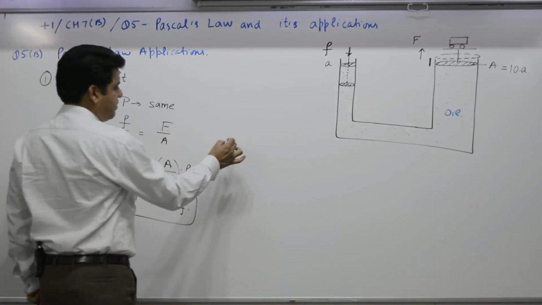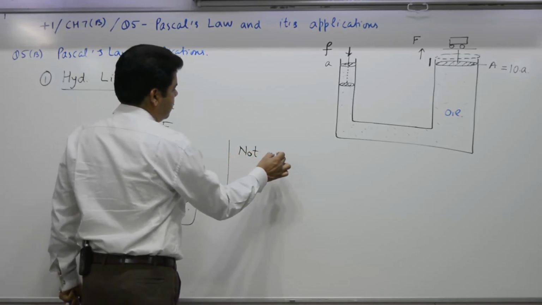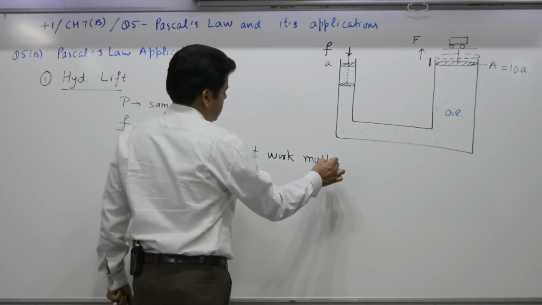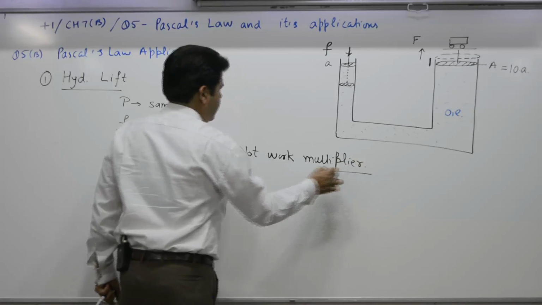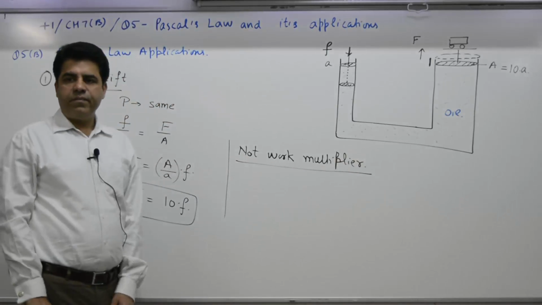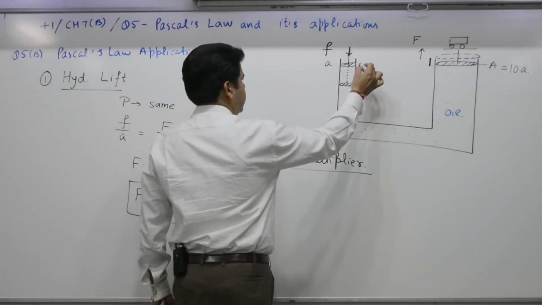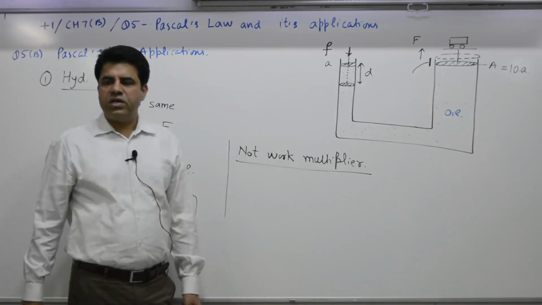Second aspect of the same is that it is not a work multiplier. Why? If the distance covered on this side is D, the distance covered on the other side will come out to be what?